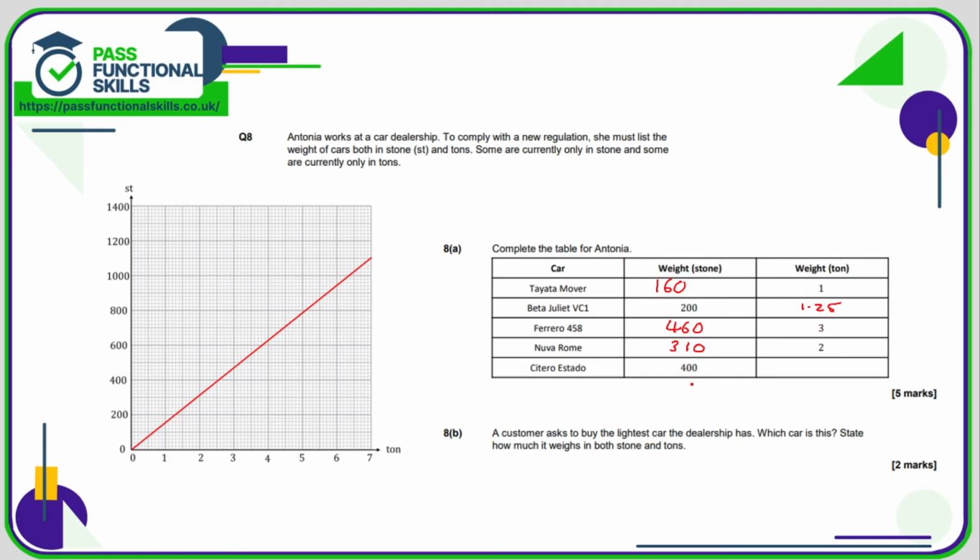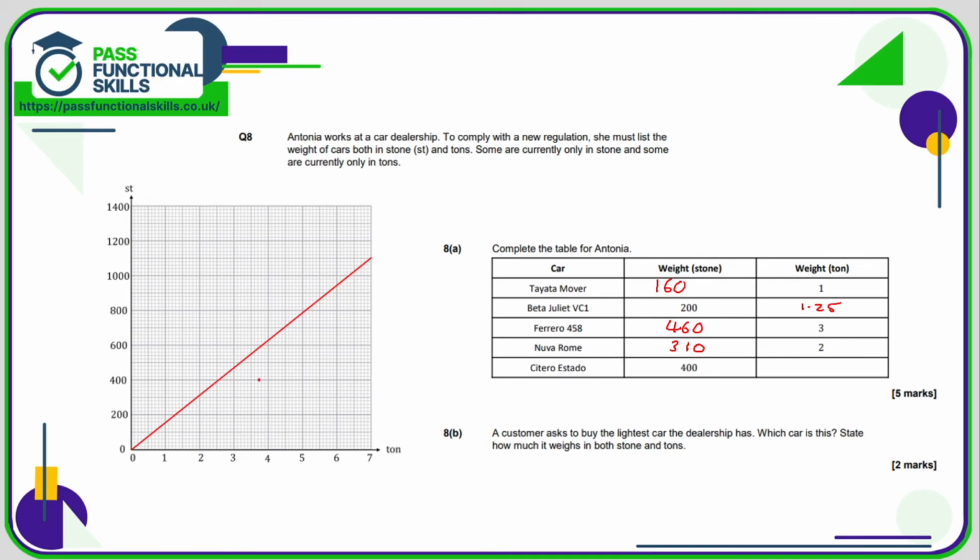And finally, we want to convert 400. We know that 200 is 1.25, so surely 400 should be 2.5, but then again that 1.25 might not be spot on, but as a rough ballpark we should be aiming for about 2.5, and if it is, then we know that we've got both the beta and the Citero ones correct.